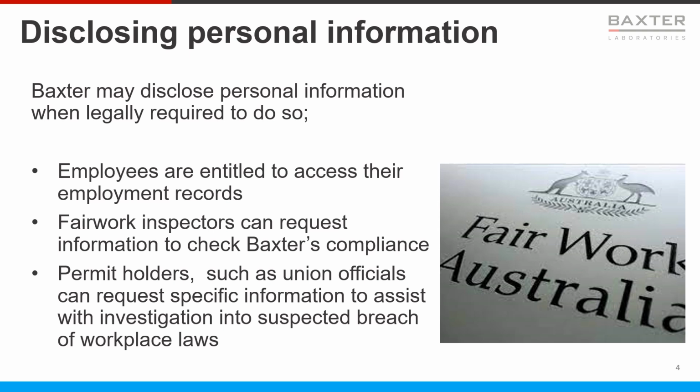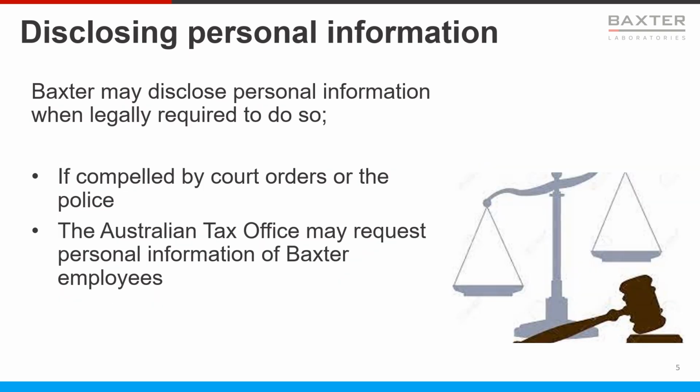Information will only be released if it is relevant to the investigation and is not protected by other laws. We will also release information if compelled by the police or court orders. The Australian Tax Office is also able to request personal information from Baxter's.